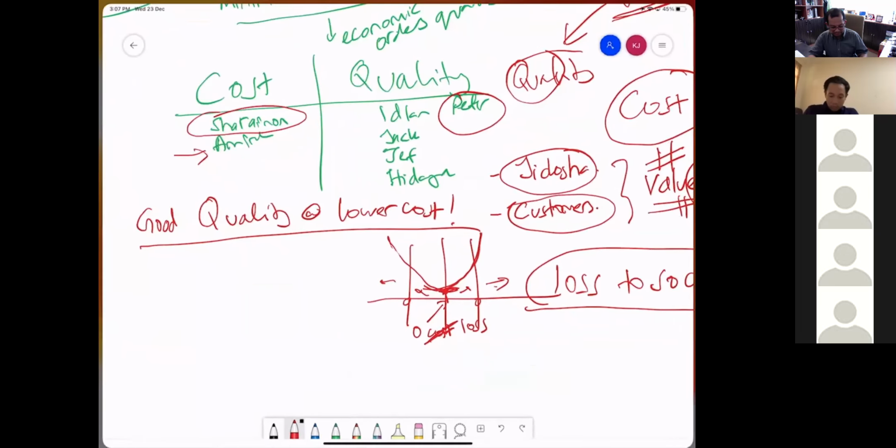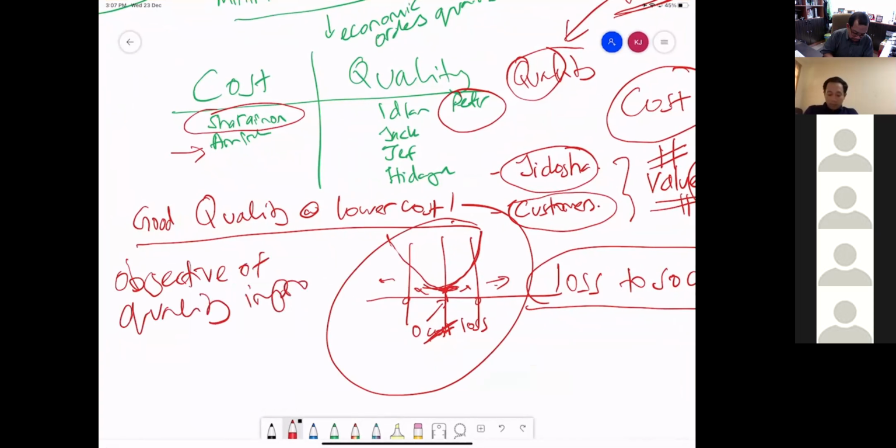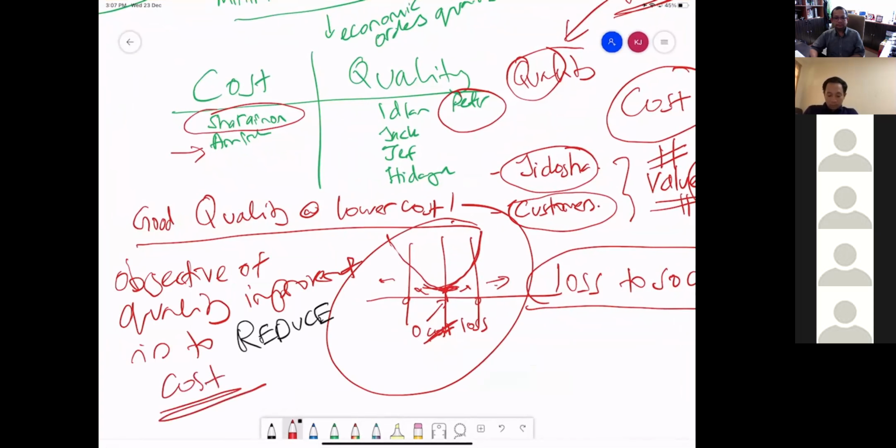From the quality loss function, it shows cost is important. The objective of quality improvement is to reduce cost. Why?